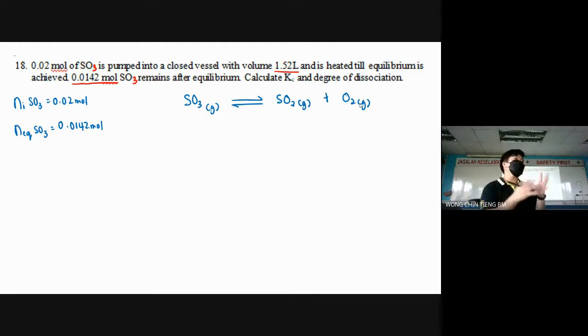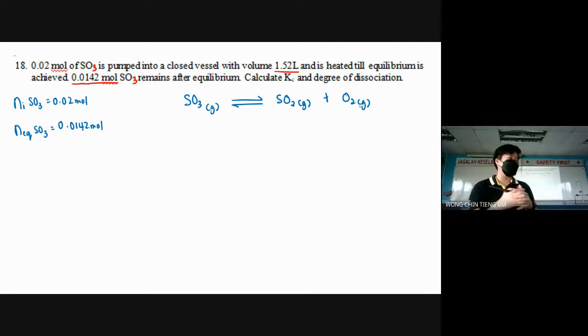Dan logik dia adalah bila kita breakdown, kita kena form something yang kamu biasa jumpa. HI tadi, kita tak biasa jumpa HI. Tapi kita biasa jumpa hydrogen gas dengan iodine. Sama, SO3. SO3 is not something stable. Tapi SO2, sulfur dioxide, ada dia kat udara kita. Oksigen gas ada je. Benda tu adalah stable. Kenapa berlaku decomposition? Sebab kita nak pecahkan benda yang besar kepada benda yang lebih kecil dan lebih stabil.